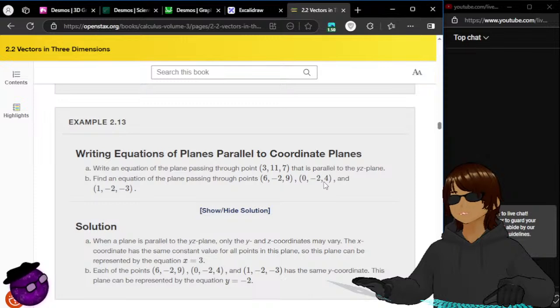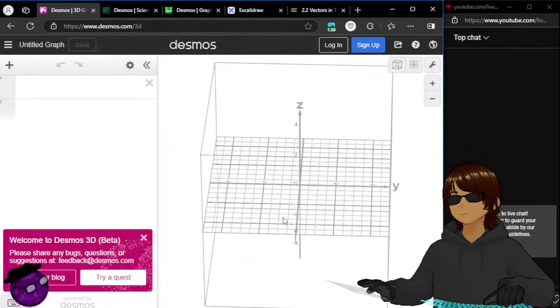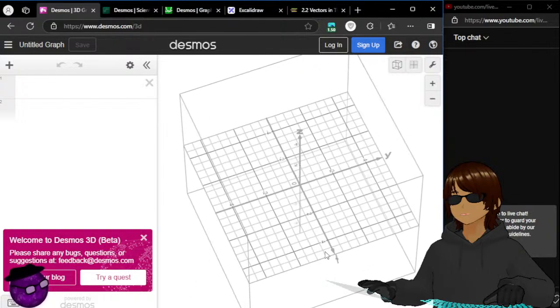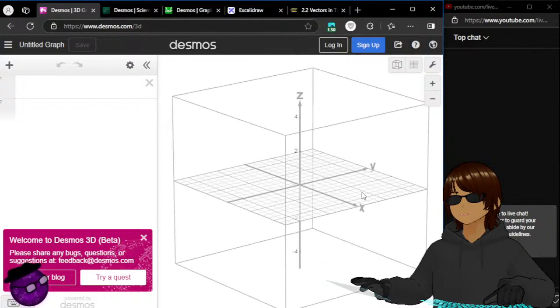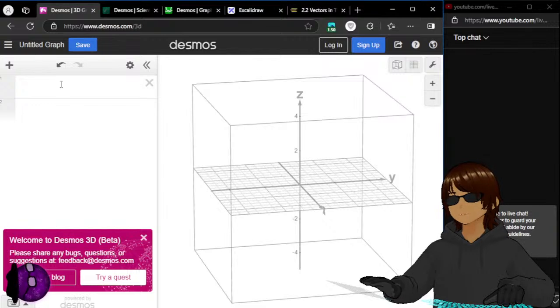Find the equation of the plane passing through the points 6, -2, 9 and 0, -2, 4 and 1, -2, -3. They all have -2 for y in common. So you have x, y. Yeah, they all have -2 in common, so it's a plane that's at -2.